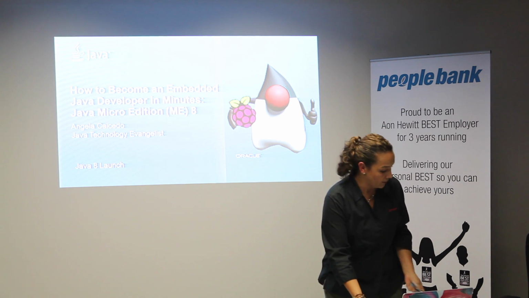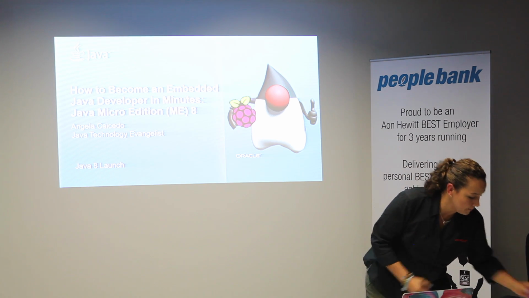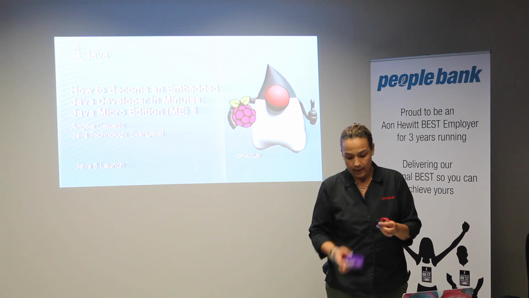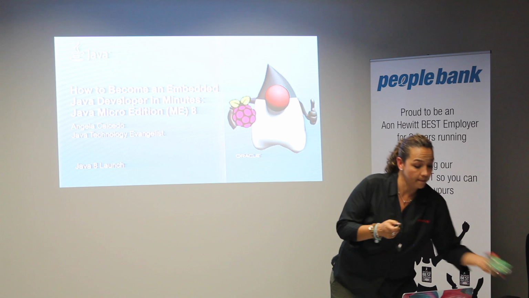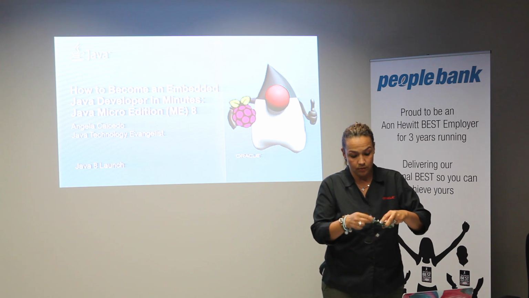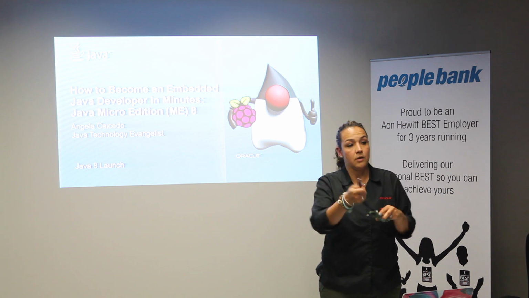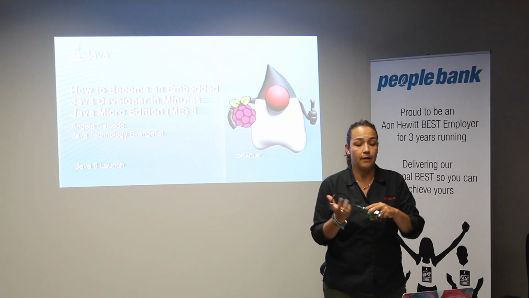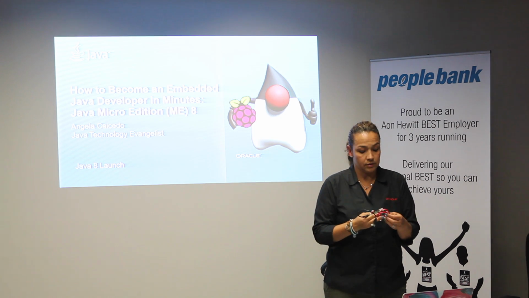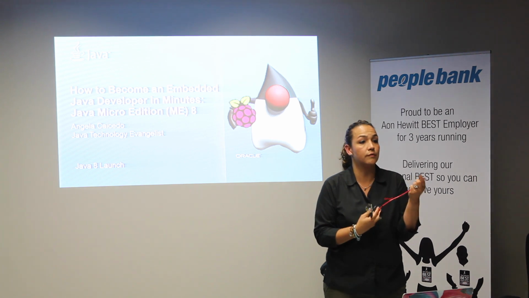Each of you later on is going to get a box. The box has a USB cable for powering the Raspberry Pi. It's connected to the Raspberry Pi, and the USB goes to your computer, so that's how we're powering the Pi. For talking to the Pi, we're using an Ethernet crossover cable.